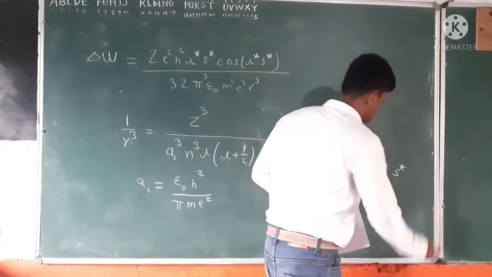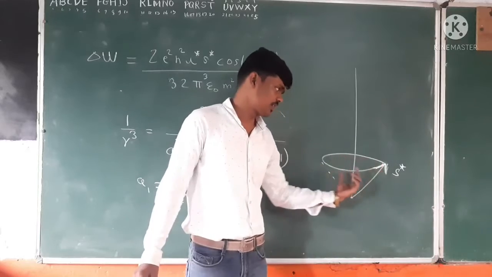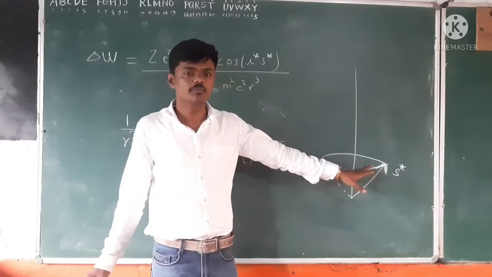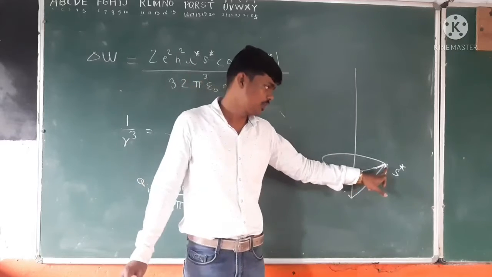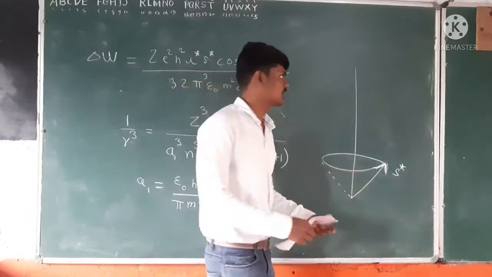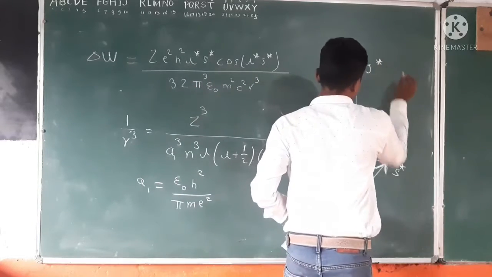S star is angular momentum, so we are using the vector atom model and it is shown by the vector. It is precessing about its resultant J star.